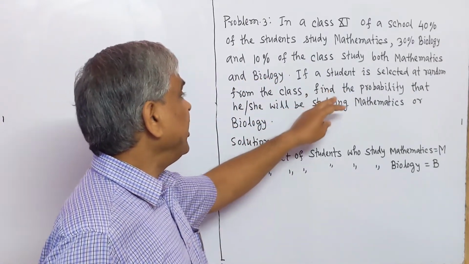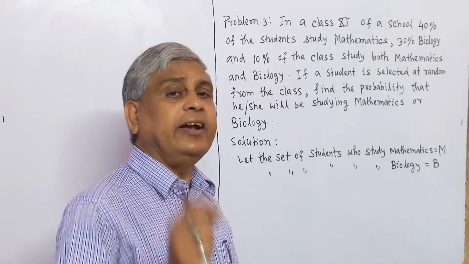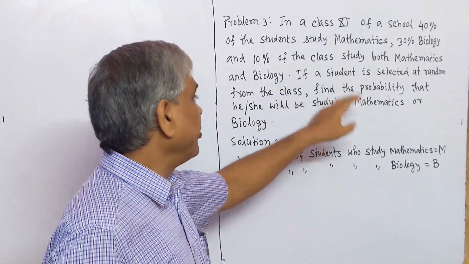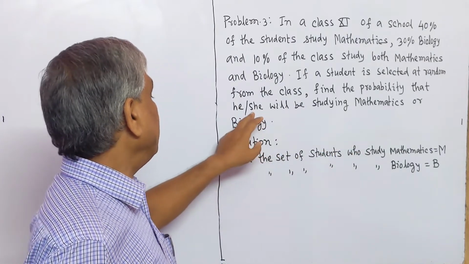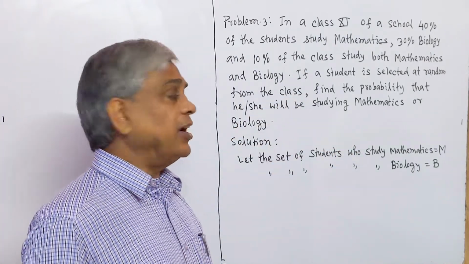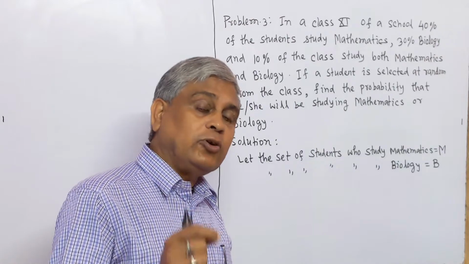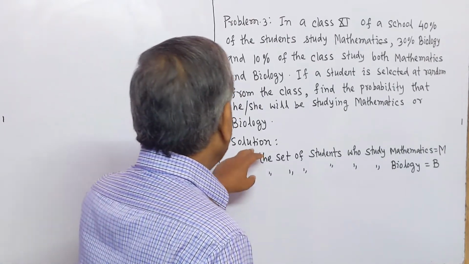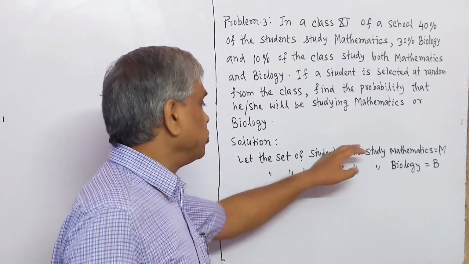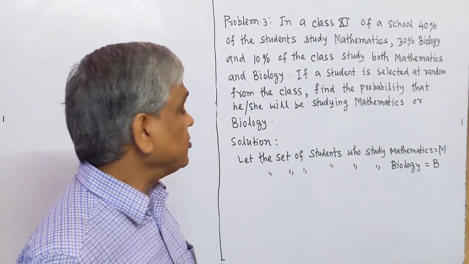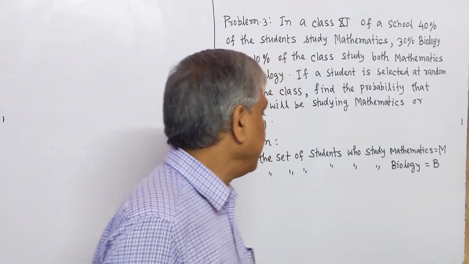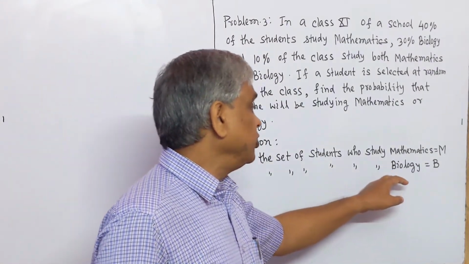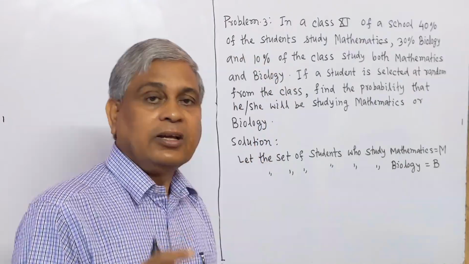If a student is selected at random from the class, find the probability that he or she will be studying mathematics or biology. Now we solve this. Let set of students who study mathematics is denoted by M, and set of students who study biology is denoted by B.